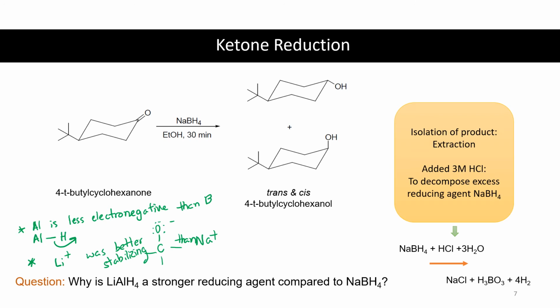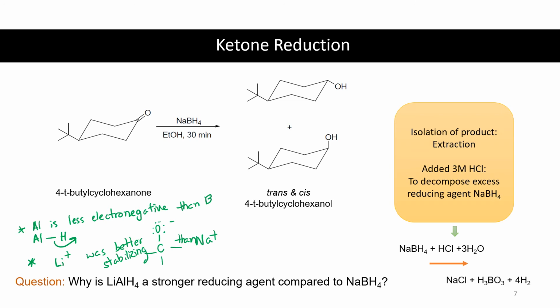The more resonance structures, the more stable the compound. So you would need a stronger reducing agent in order to reduce those kinds of carbonyl groups compared to ketones and aldehydes, which have fewer resonance structures, so they're more susceptible to being easily reduced.